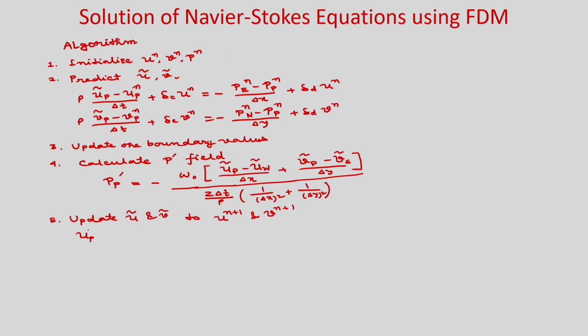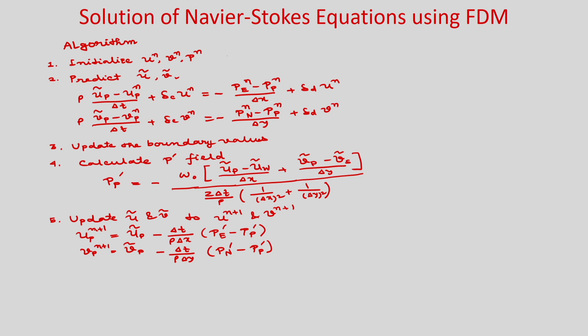You know u_P^(n+1) is u_P tilde minus delta t by rho delta x times (p_E prime minus p_P prime), and v_P^(n+1) is equal to v_P tilde minus delta t by rho delta y times (p_N prime minus p_P prime). So, you know p prime.